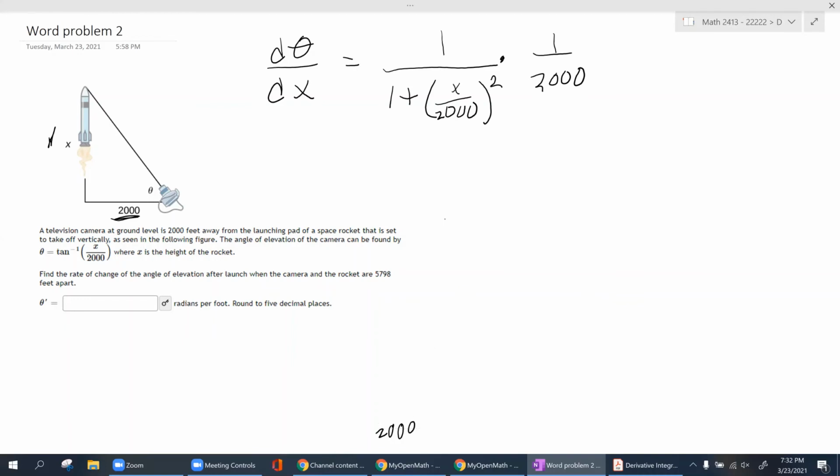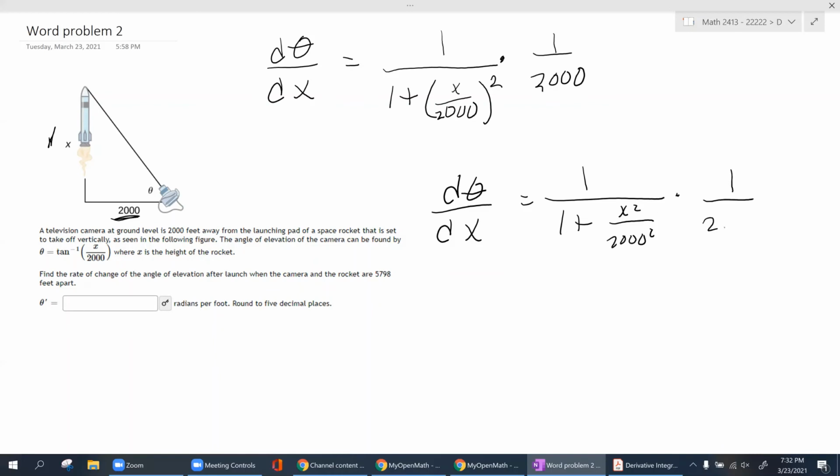Let me polish that up a bit more, leaving me with d theta dx equal to 1 over 1 plus x squared over 2000 squared, times 1 over 2000.